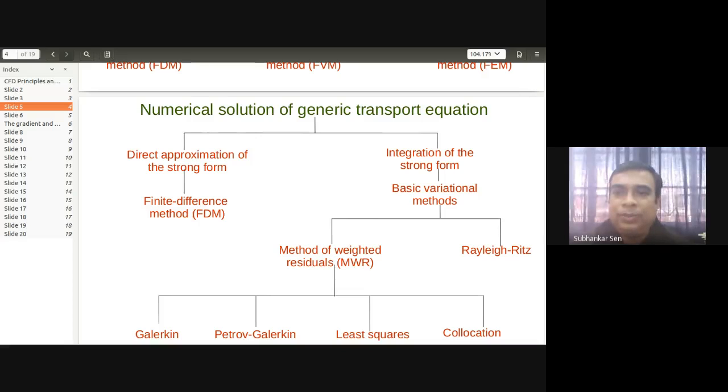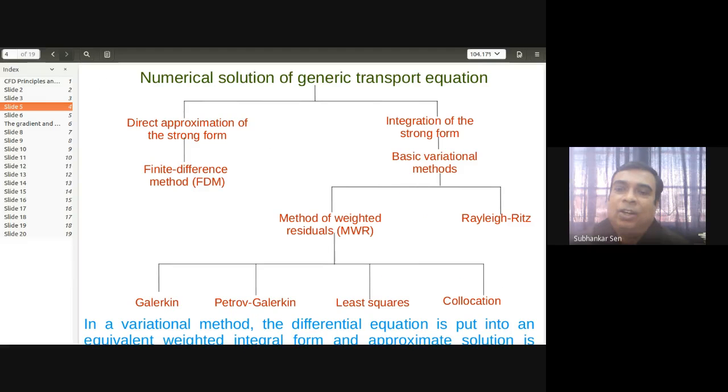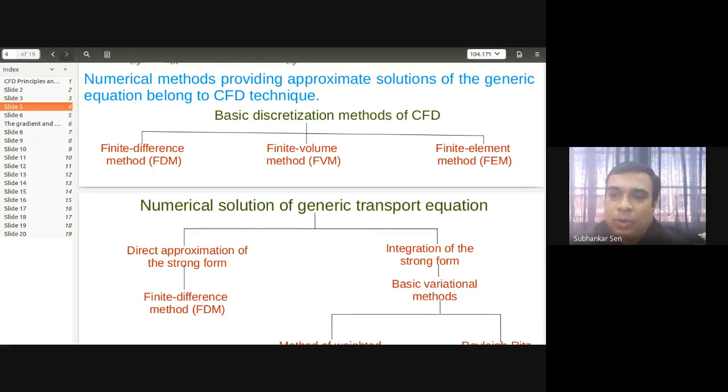And the other two methods, finite volume and finite element, depend on the direct integration of the governing equation. In these two approaches, FVM and FEM, we directly integrate the governing equation. After integration, we get certain simplifications. We shall not discuss those in detail. We just mention that in this integration approach, we define a weight function. The integration methods of CFD use a weight function whose value ranges between 0 and 1.